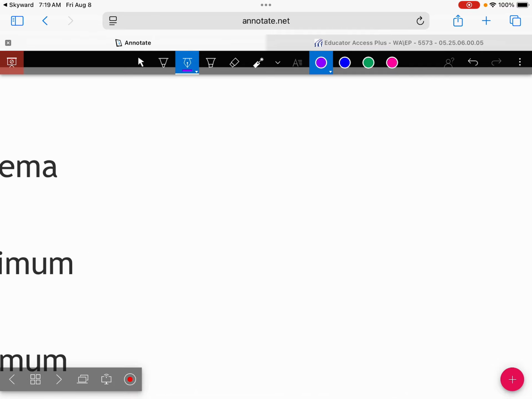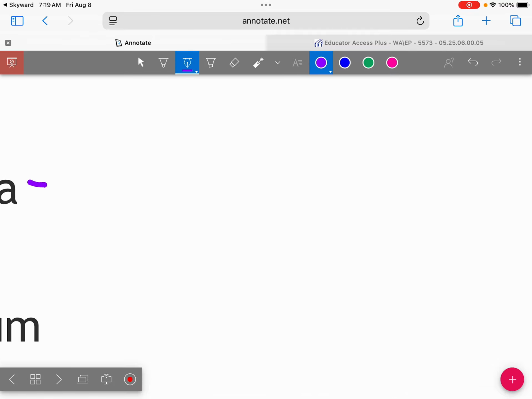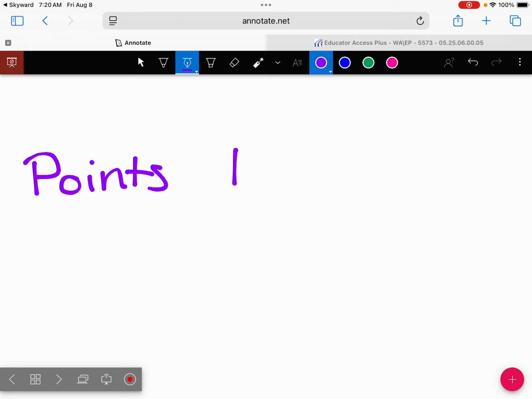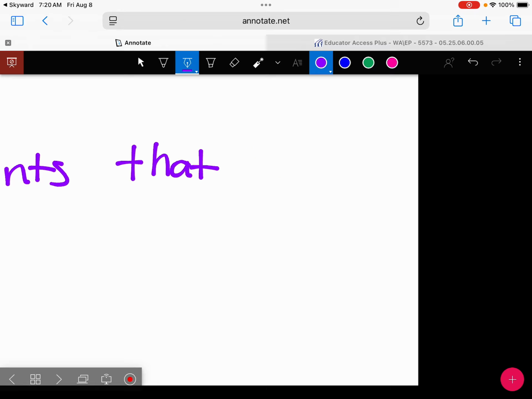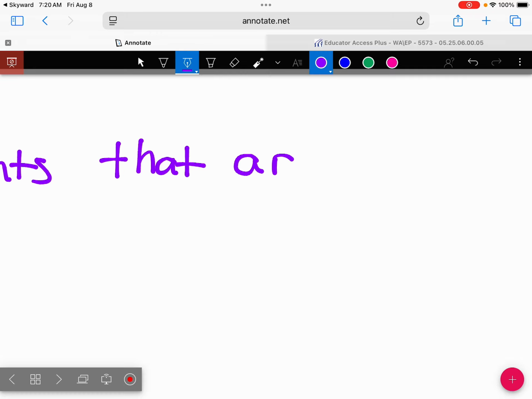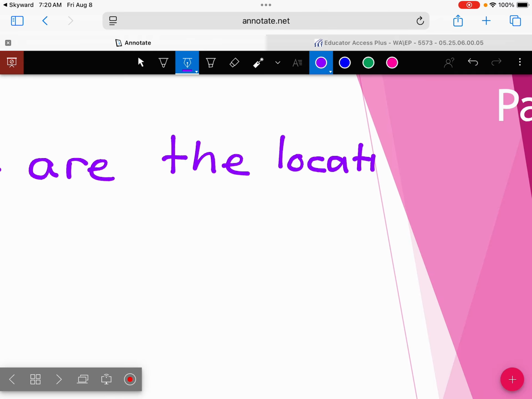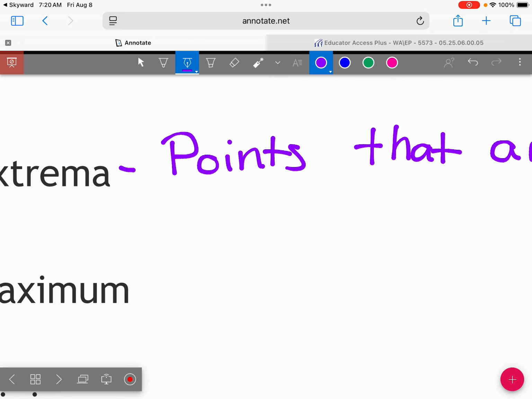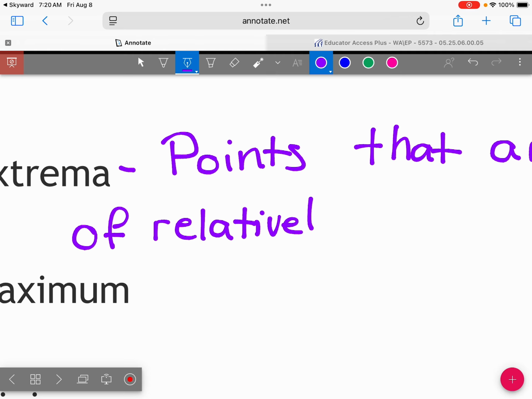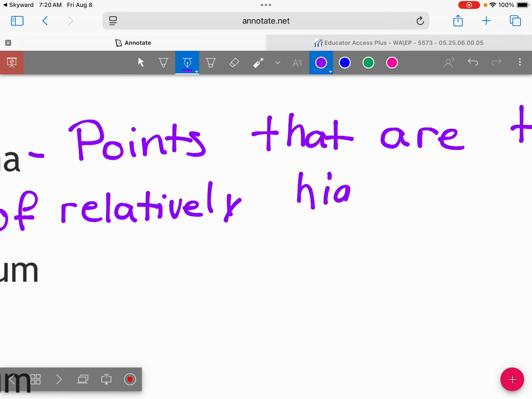What it means for something to be an extrema, or what extrema are, points that are the locations of relatively high and low points, or high and low values.